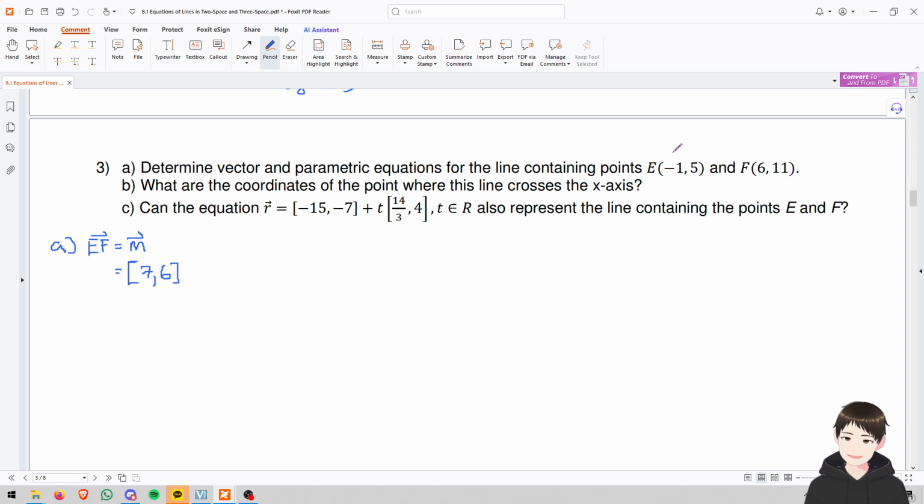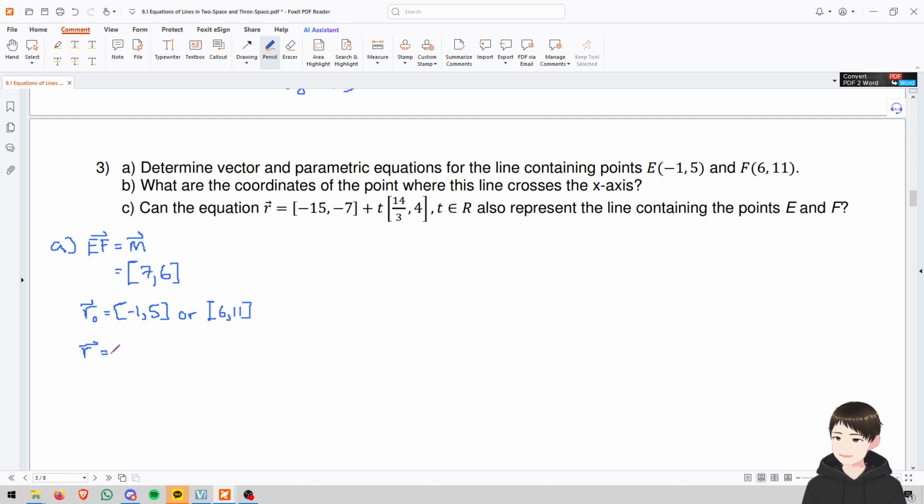The points E and F both exist. In other words, I can use this or that as how I get on the line. I can say my position vector is negative 1, 5 or 6, 11, because both vectors will get me on the line that exists, and this direction vector or slope is how I'm going to move. So you choose. I'm going to choose negative 1, 5, arbitrarily.